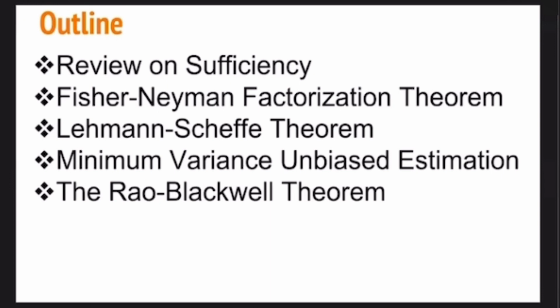So the Fisher-Neyman factorization theorem uses the idea of splitting the likelihood function into two functions in such a way that one will have the parameter in it and the other one is going to be independent of that. What is new?